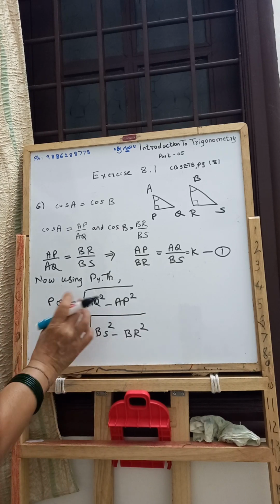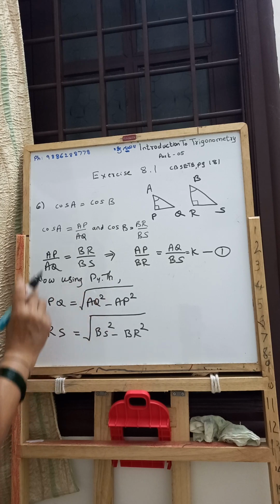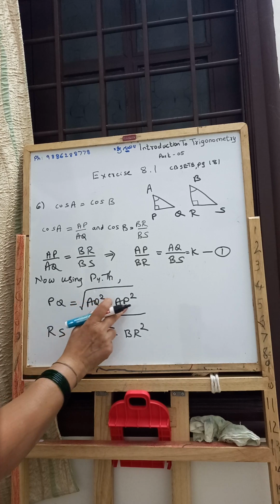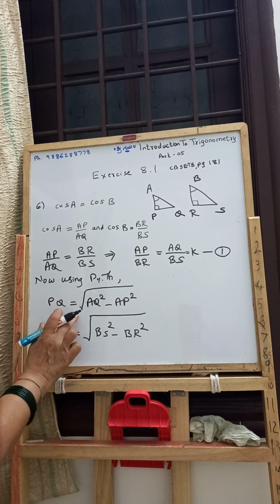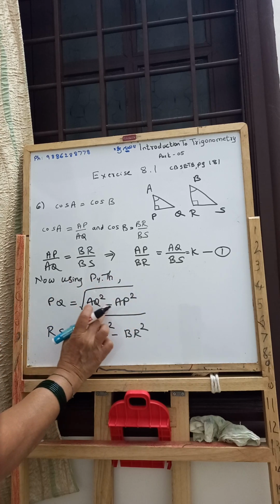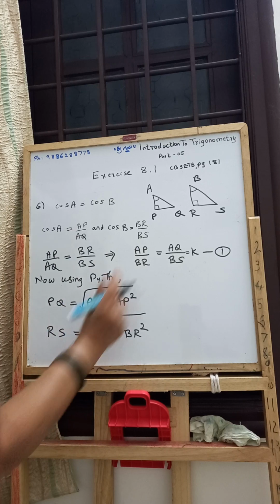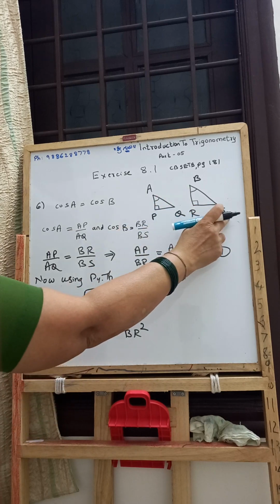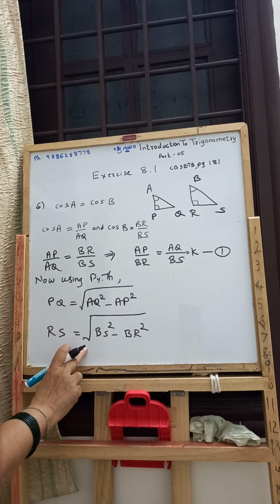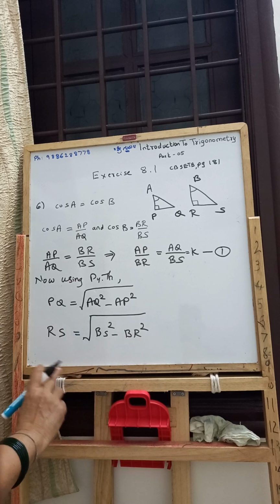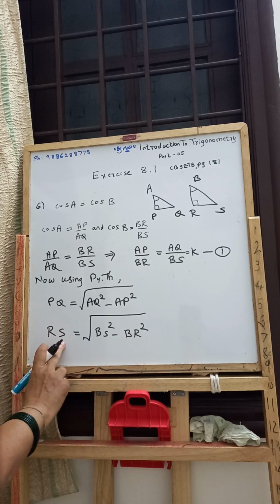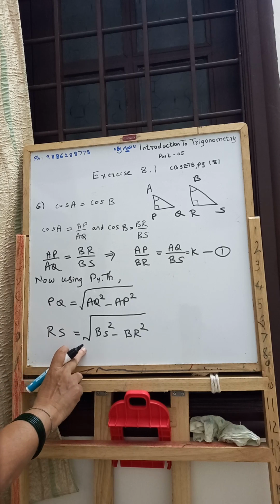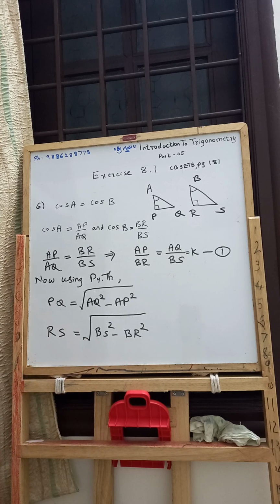Directly I have written by Pythagoras theorem PQ square is equal to AQ square minus AP square. Therefore, PQ is equal to square root of AQ square minus AP square. Similarly, in this triangle, we want RS. RS square is equal to BS square minus BR square. Therefore, RS is equal to square root of BS square minus BR square.